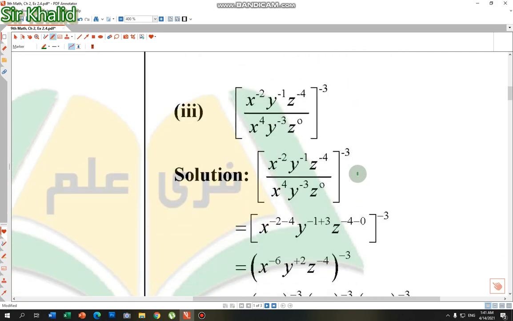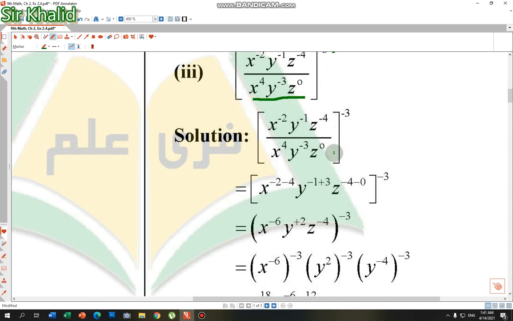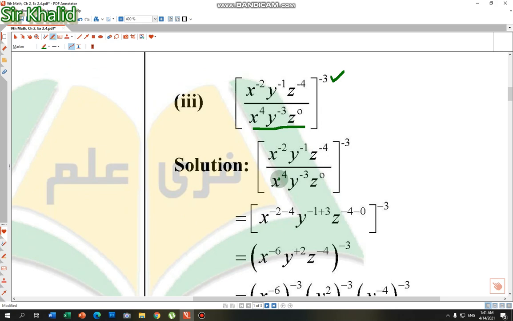Moving on to part number 3, x power minus 2 y power minus 1 z power minus 4, whole raised to the power minus 3. Now moving this x, y, z to the numerator position, because the bases are the same, plus 4 will move here, it will give you minus 4.